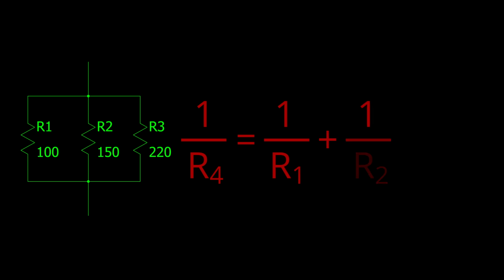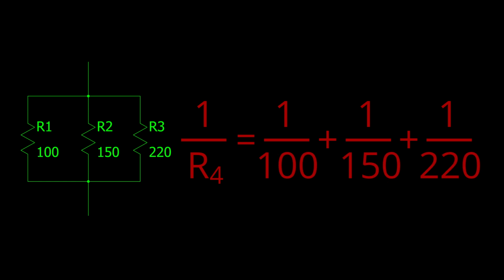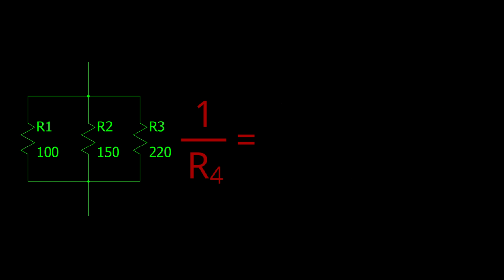If you have multiple resistors in parallel, then you can use the equation 1 over R is equal to 1 over R1 plus 1 over R2 plus 1 over R3 plus as many other resistors as you want as reciprocals. You add up all the reciprocals, which you may remember I mentioned were conductances.